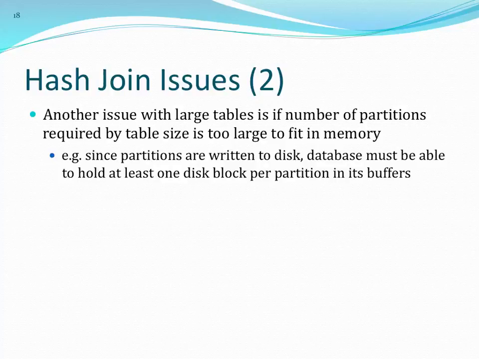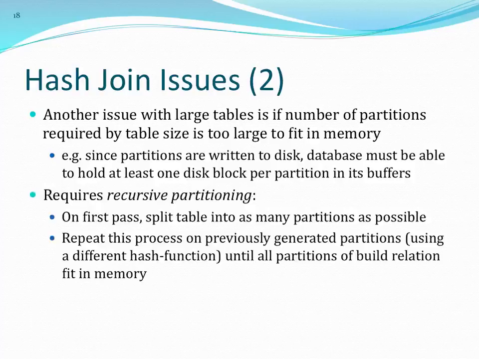What this really means is I need to be able to have one block of each partition file in memory, so that I can put the tuple into each partition file's block as I'm generating it. When that block fills up, I push it out the door, create a new block, and start filling that block. So I might have so many partitions that I don't have any way of storing one block of each partition in memory.